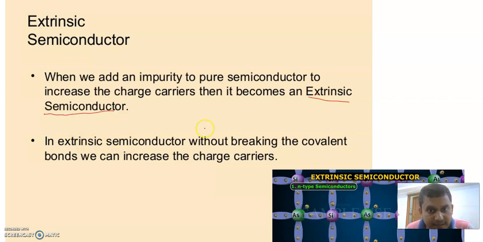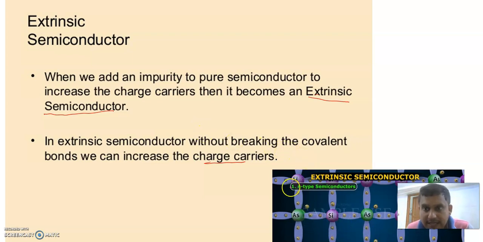In extrinsic semiconductor, without breaking the covalent bond, we can increase the number of charge carriers by adding either trivalent impurity or pentavalent impurity. Examples of trivalent are boron and aluminum, and examples of pentavalent are phosphorus and arsenic.